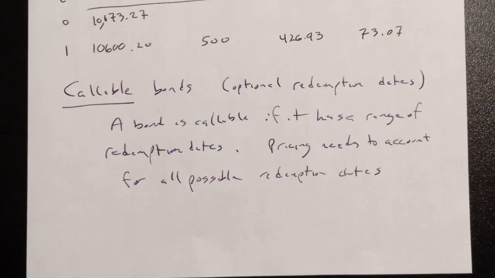Again, this is a case where I've got to figure the price, the formula we already have for price. But the formula now is going to change because I'm going to allow myself more than one choice of n.